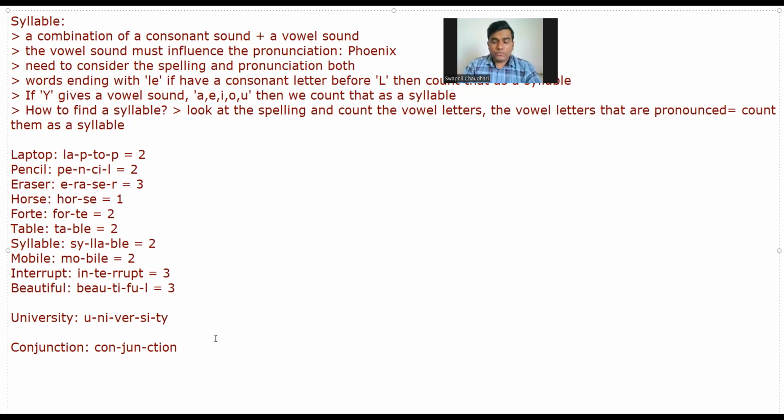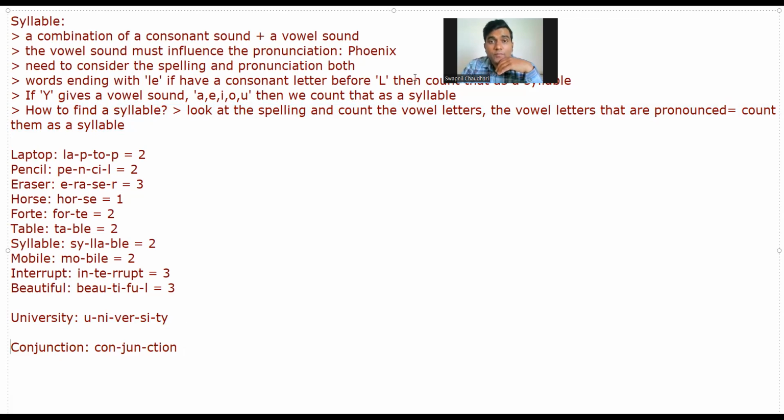Right? So over here, you can see our rule for how to find syllables. Look at the spelling, count the vowel letters. The vowel letters that are pronounced, count them as a syllable. Right? But in these cases, university and conjunction, you can see it is quite difficult to understand if the vowel letter is pronounced or not.